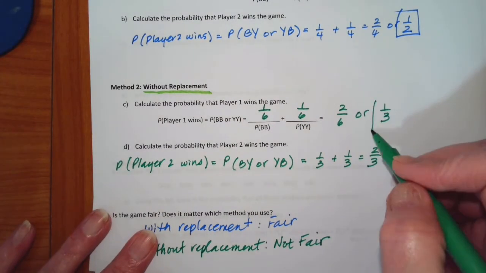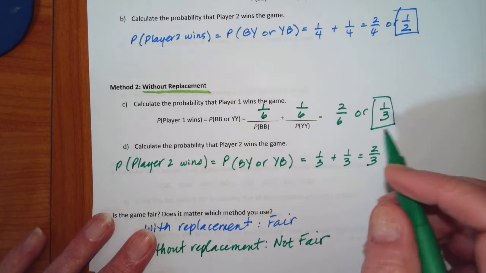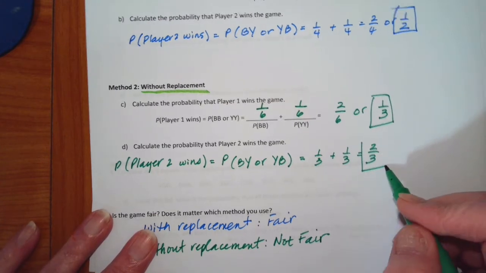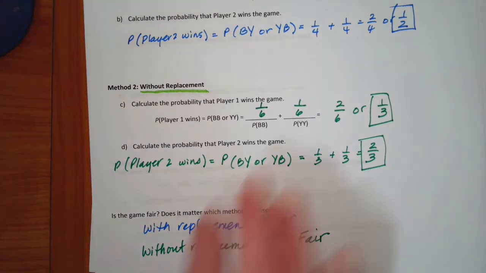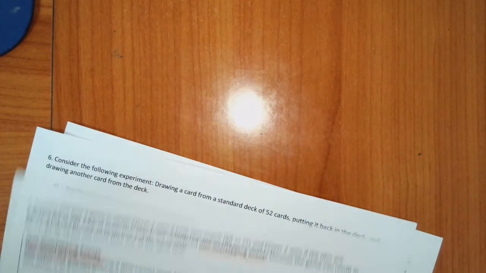Poor player A only has a 1/3 probability of winning. Player B has 2/3. So you can see that the probabilities, whether they are independent or dependent events, change, and it can turn a fair game into a not fair game, or vice versa.